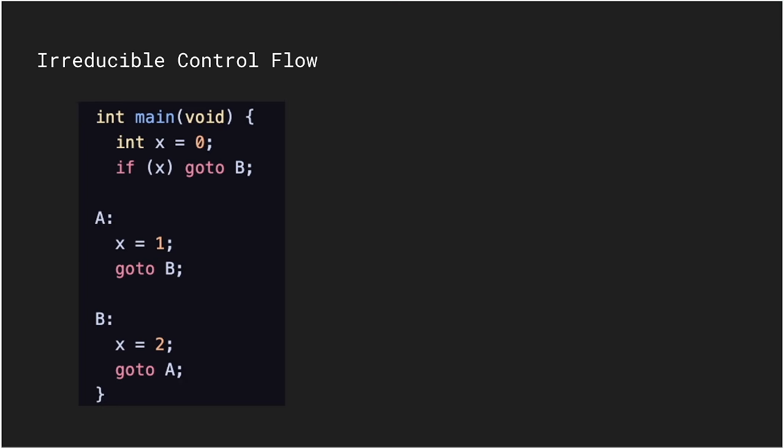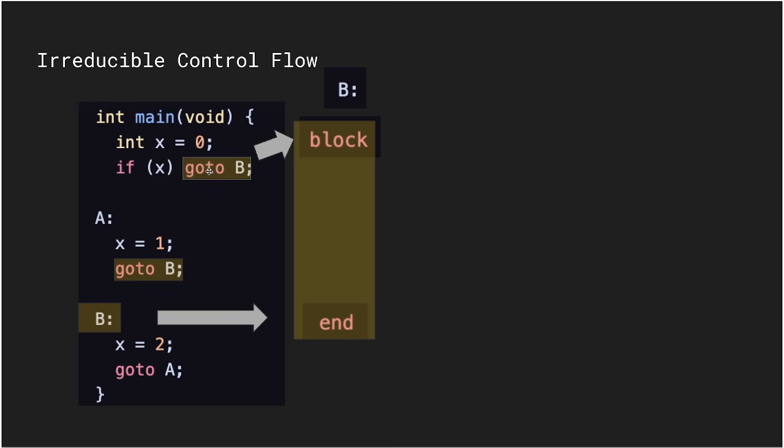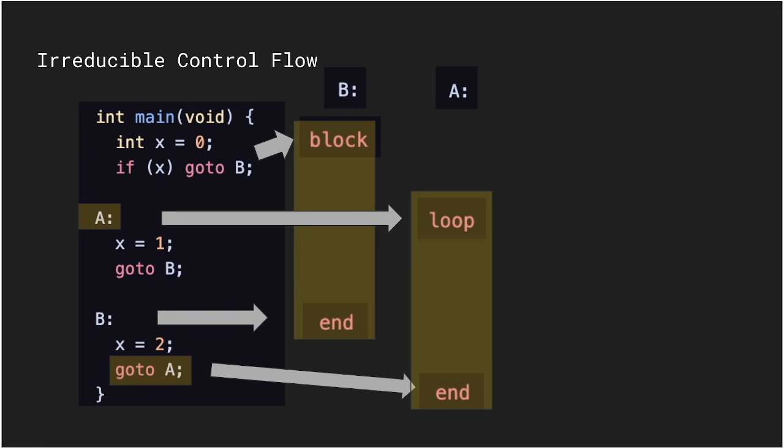So you have this sort of example where you have a goto B, where you have multiple places where you jump forward to a label B, and then you have a label A, and then you have a goto that jumps backwards to label A, right?